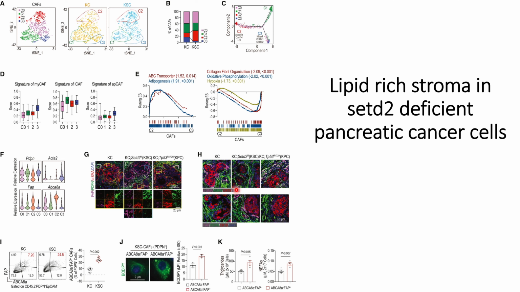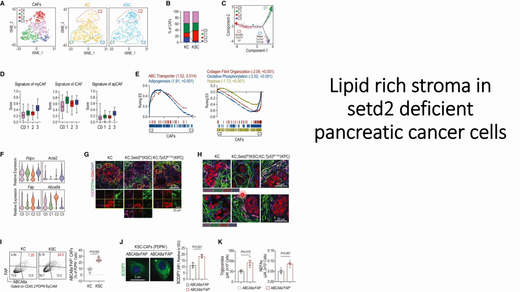This is another set of immunostaining images. In this also we can see similar results: FAP is expressed more predominantly in the KSC tumors, whereas it is expressed less in the KC tumors.